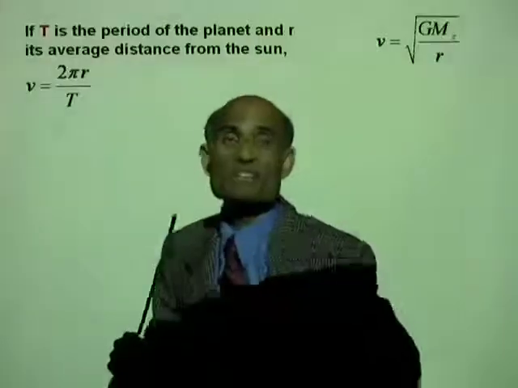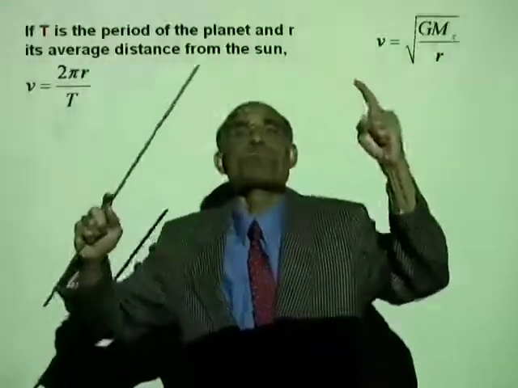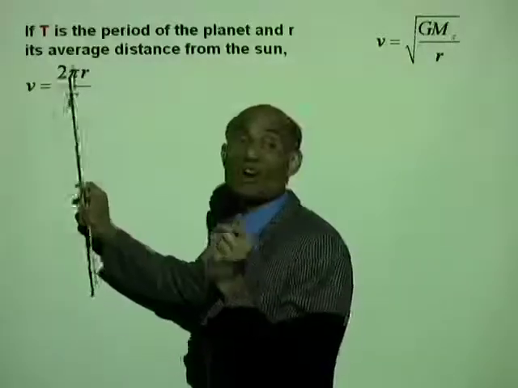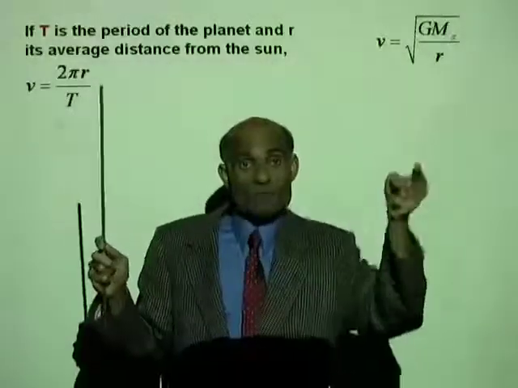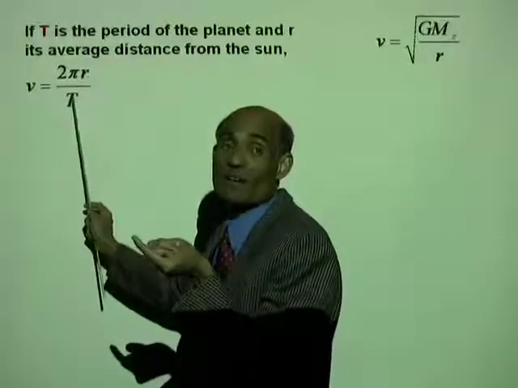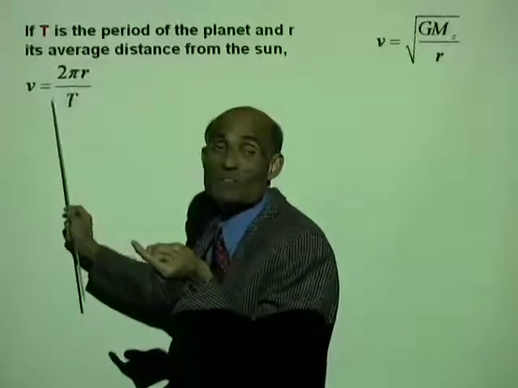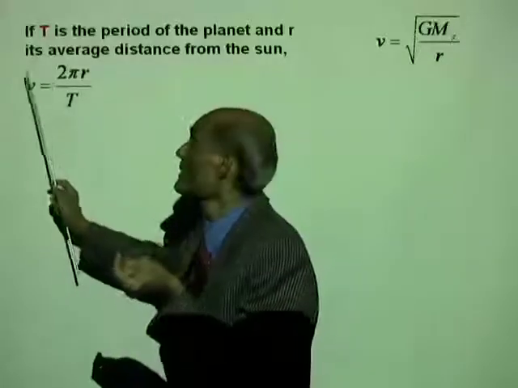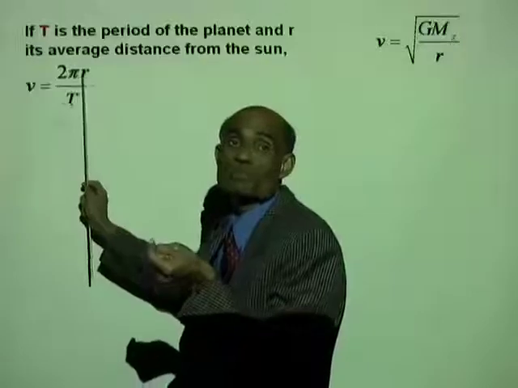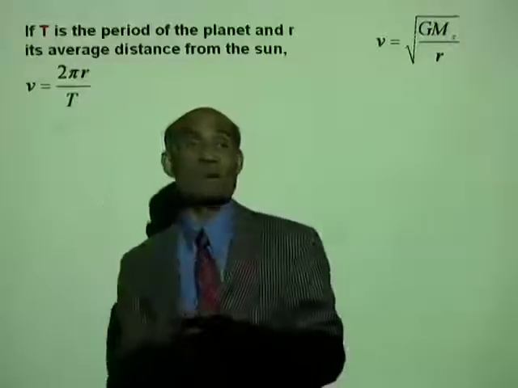We assume that the orbit is almost circular. In that case, the length of the arc for one complete revolution is 2 pi r. And if the period, the time taken to do that, is T, then the orbital speed v will be equal to 2 pi r divided by the period.